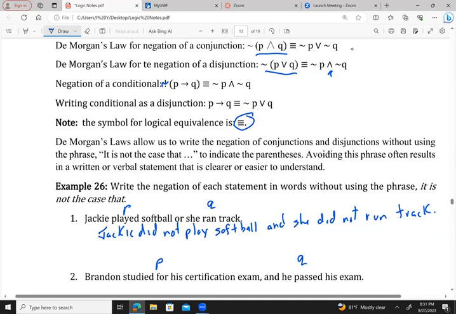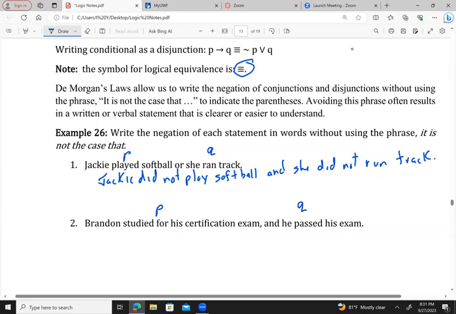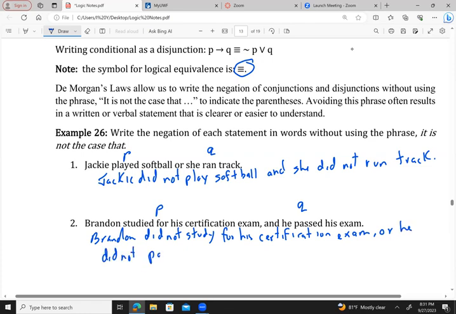So we're looking at not P or not Q. So Brandon did not study for his certification exam, or he did not pass the exam. Fairly simple.